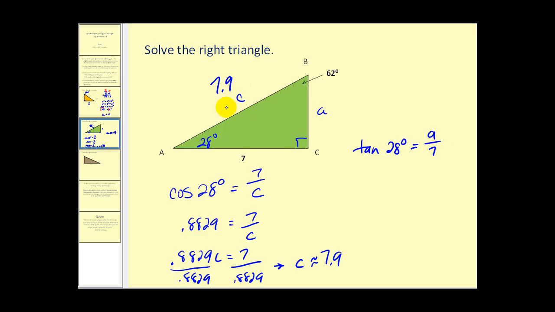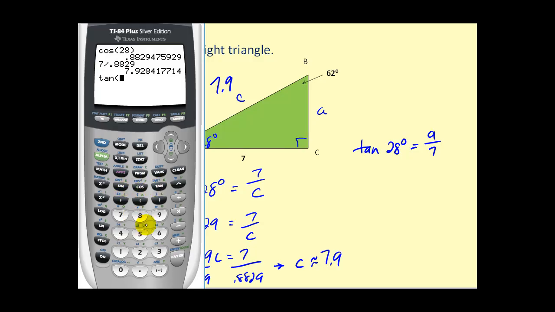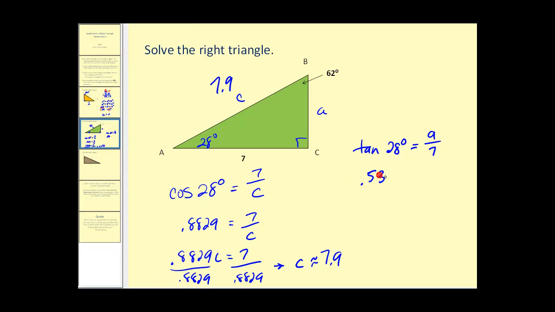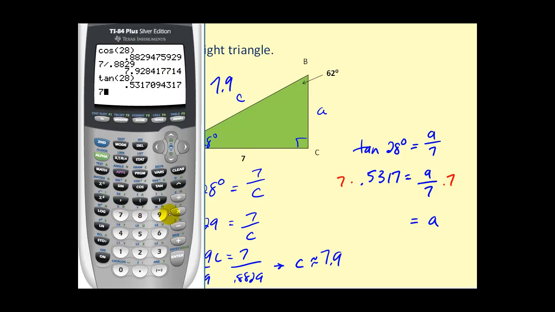So if I use a rounded value, it will cause more of an error when we find the length of A. So the tangent of 28 degrees is approximately 0.5317. Here, if we multiply both sides by 7, we will have the value of A. Looks like it's approximately 3.7 units.